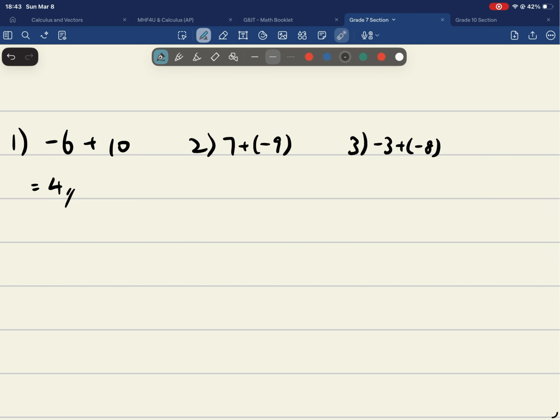For the second question, this will equal negative 7 minus 9. And at last, this will equal negative 2. And for the last question, this actually will equal negative 3 minus 8. And at last, it will equal negative 11.